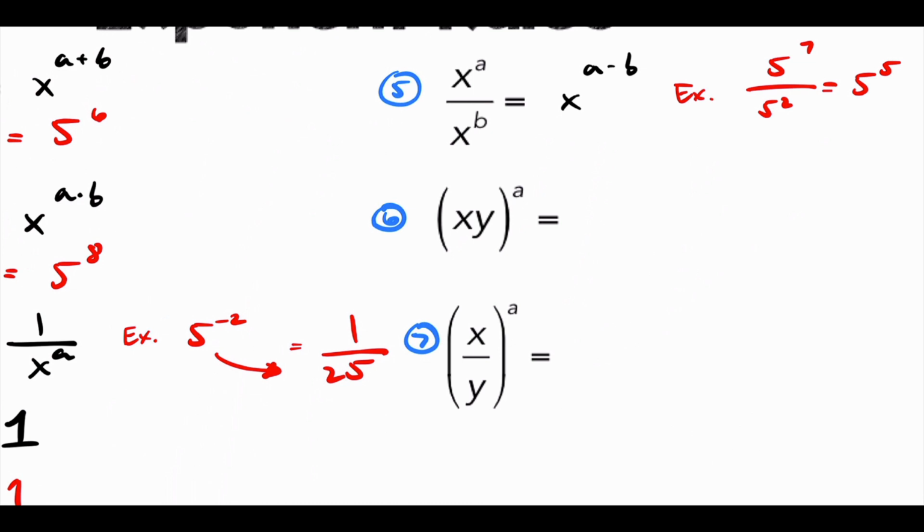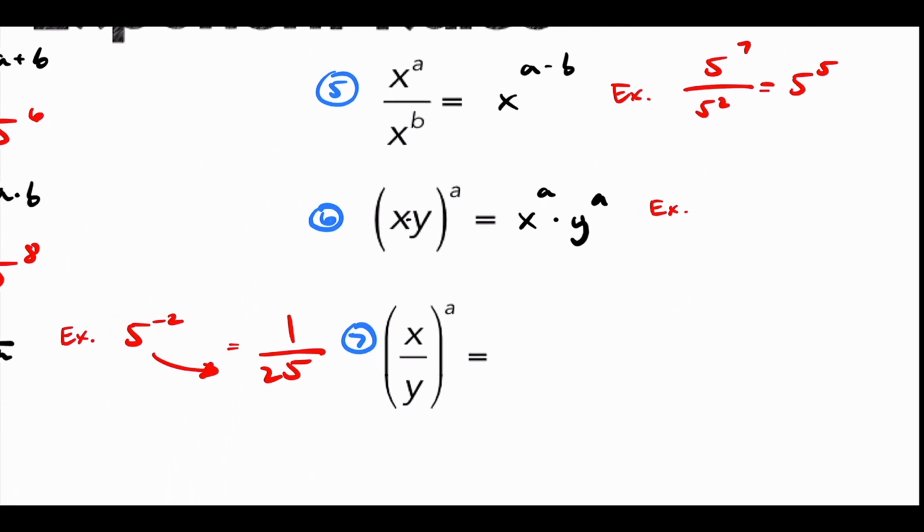Rule number 6 is kind of the same as rule number 2, except there are 2 things inside the parentheses. What happens if I have multiple things inside the parentheses? Well, everybody inside the parentheses gets the power. So x gets the power, y also gets the power.